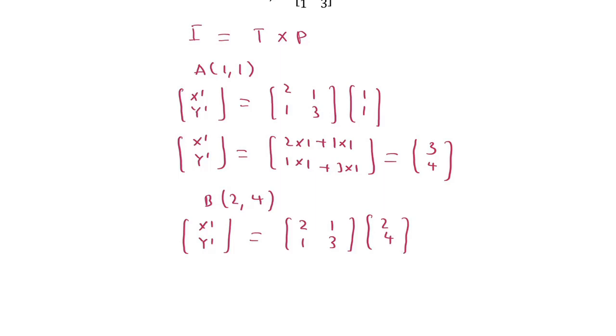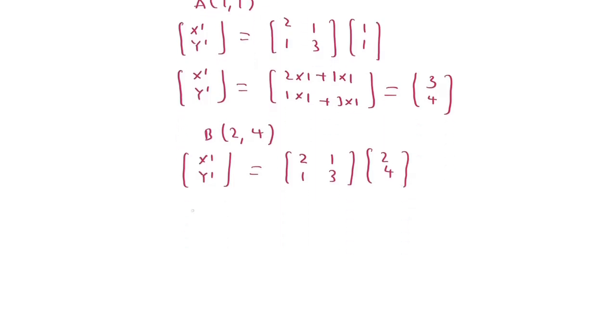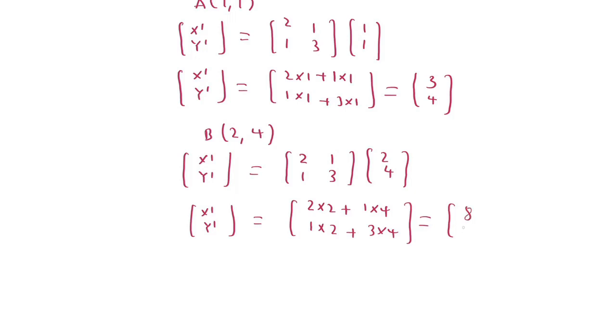Okay, so multiplying this, we are going to have X image, Y image equals matrix 2 times 2 plus 1 times 4, 1 times 2 plus 3 times 4, of which solving this, we are going to get 8, 14.